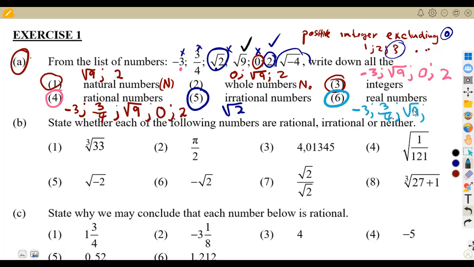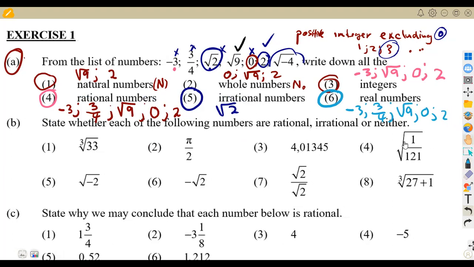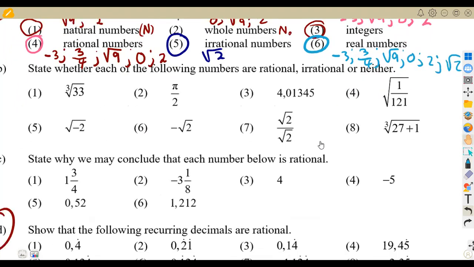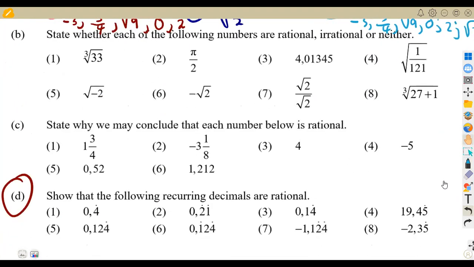Yes, you can write them in order, but here I'm just going to take the values that we must have in our answer. All right, and also the irrational number, which is the square root of 2. So all these numbers must be in your answer because we said real numbers are a combination of both rational and irrational. Like I said, please make sure that you go back and watch the introduction part. All right. Then we move on to B.